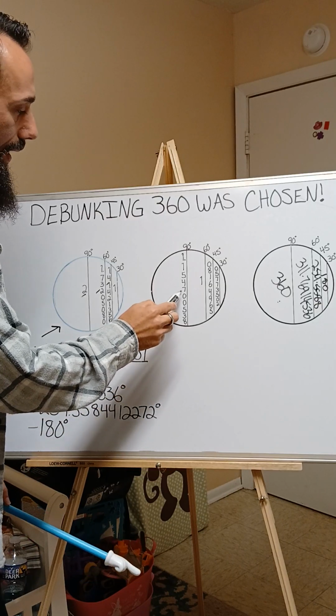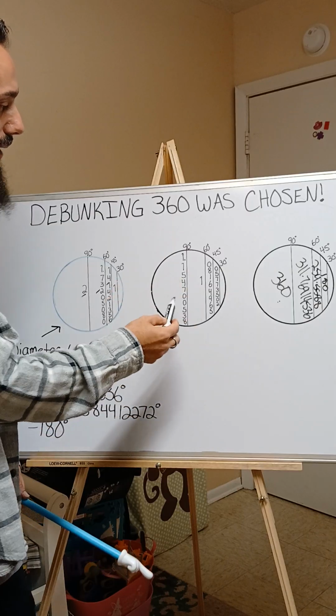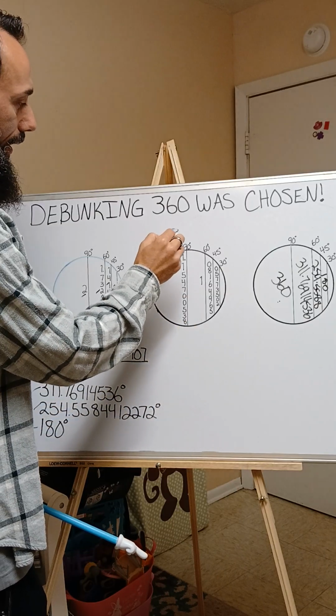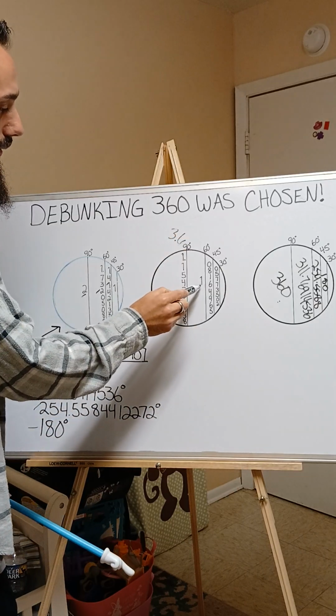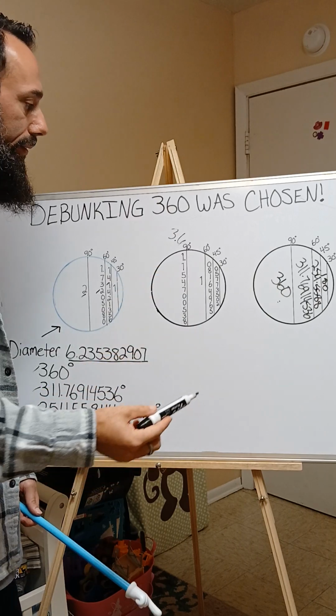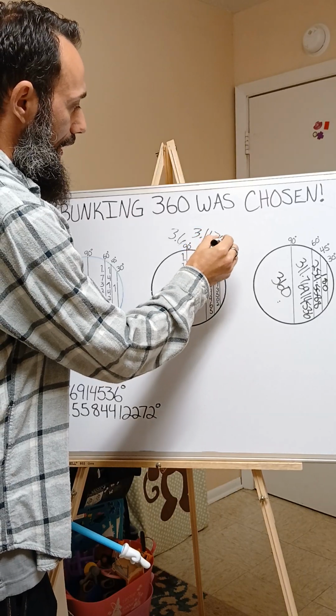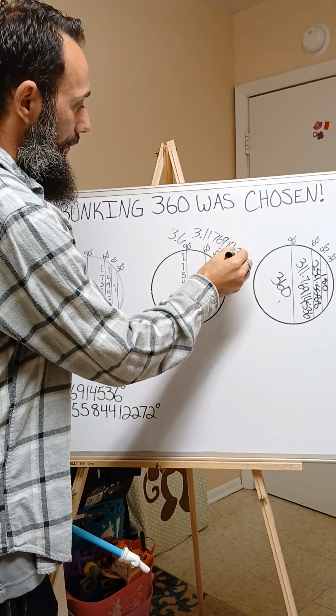And whenever you multiply that by the true value of pi, it equals 3.6. 1 times the true value of pi equals 3.1176914536.